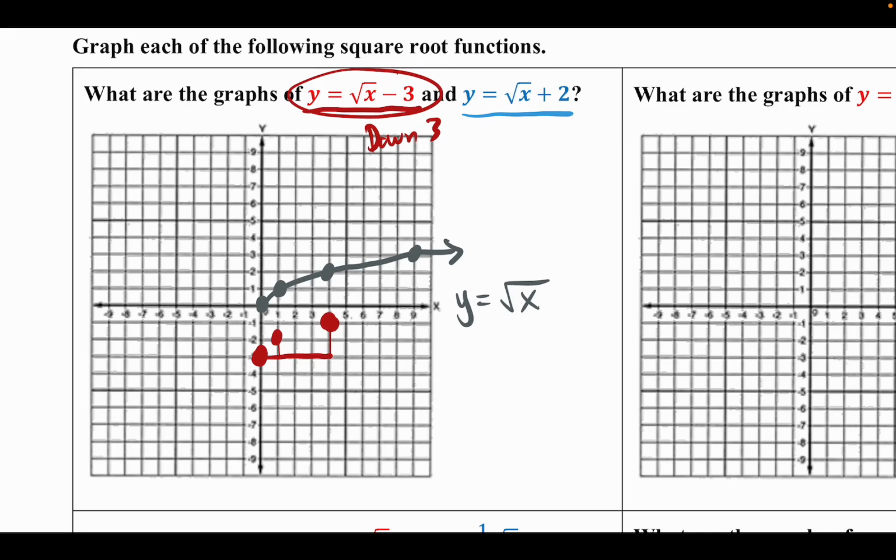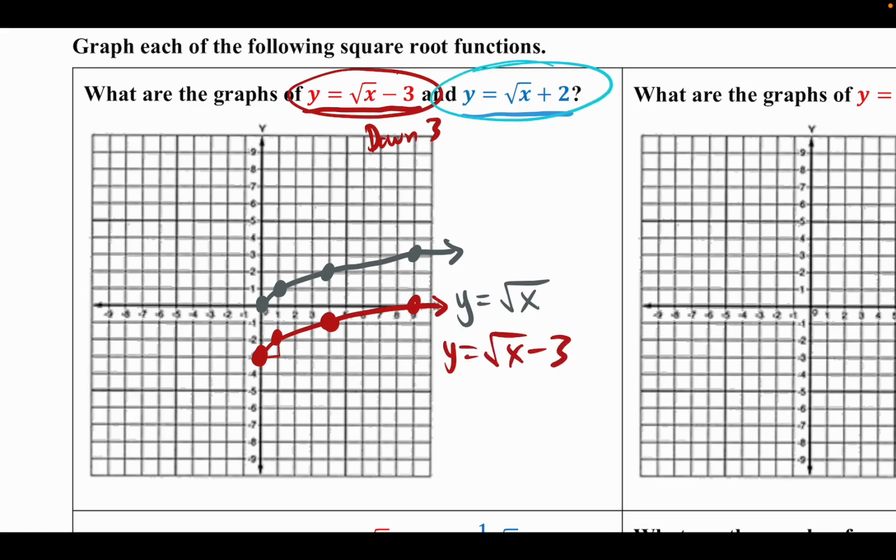And then again, go back to the endpoint, count over 9 units, and go up 3 because the square root of 9 is 3, etc. You could keep going if you had a bigger graph to work off of, like over 16 and up 4, but we're out of room, so this is pretty much all that we can fit on. So that would be the graph of y equals the square root of x minus 3.